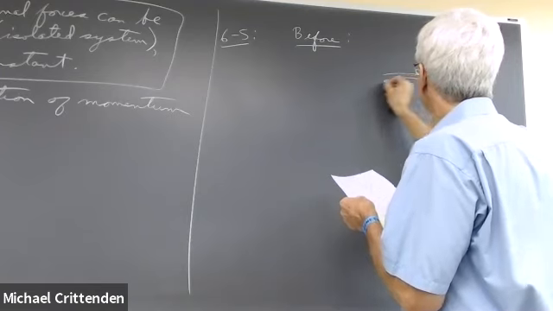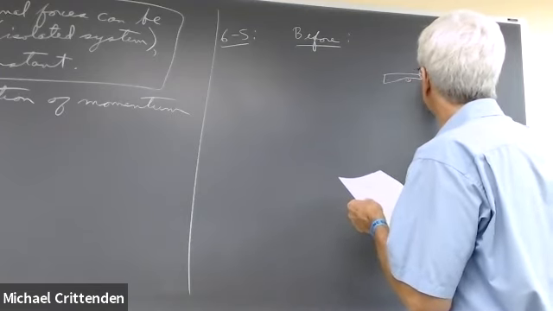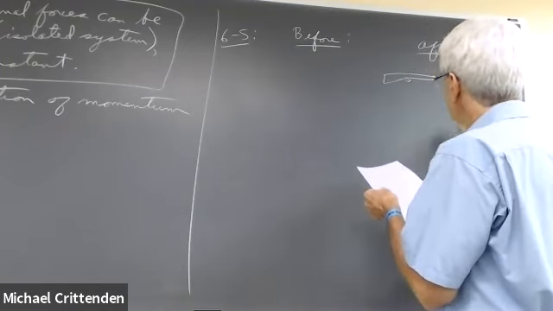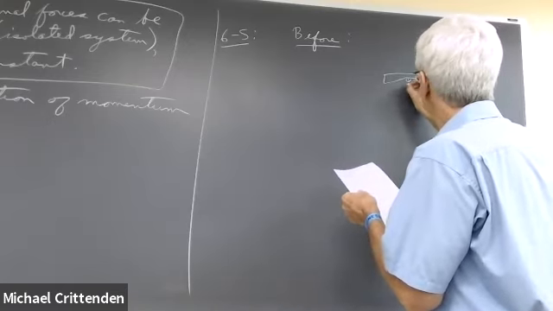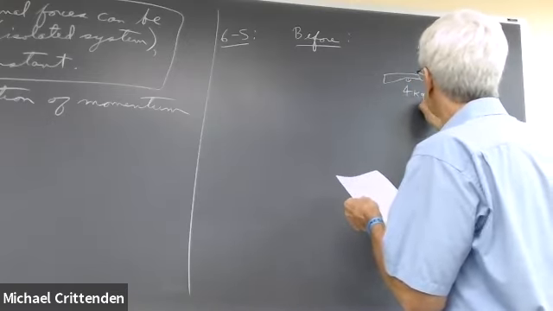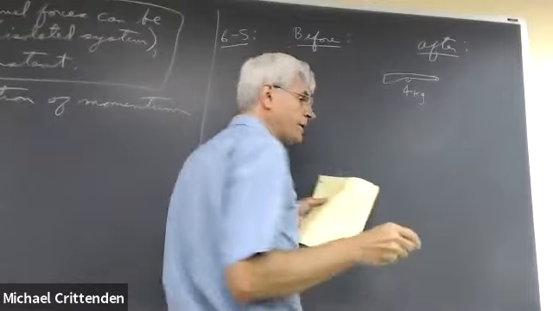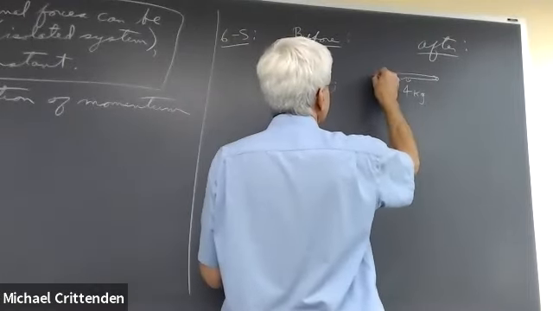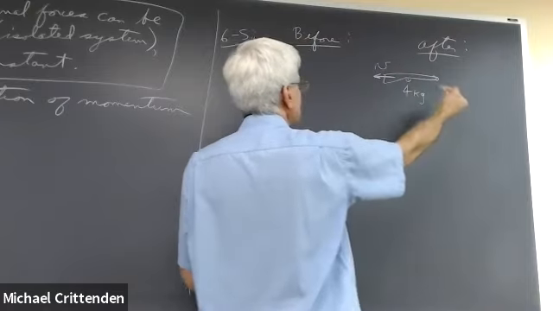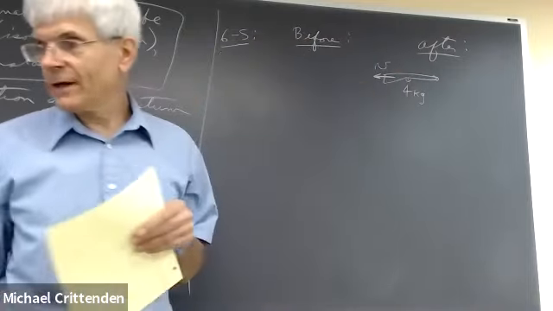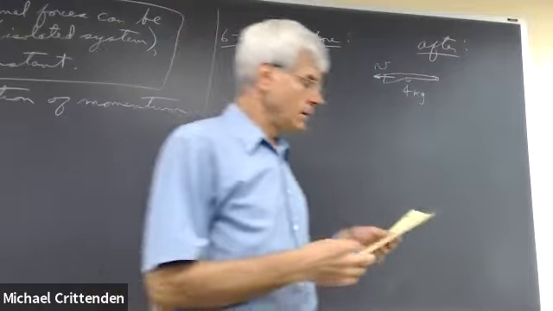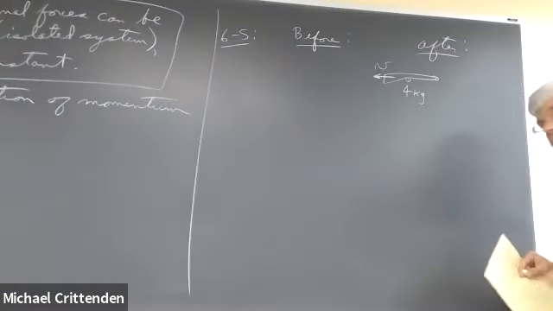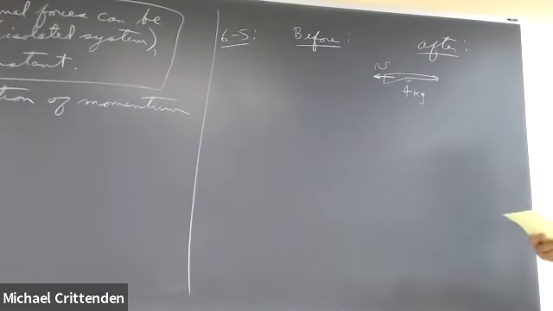a not particularly well-drawn gun, but it's got a mass of 4.00 kilograms. Just after the collision, we'll say it's moving in that direction before your shoulder has a chance to slow it down any.